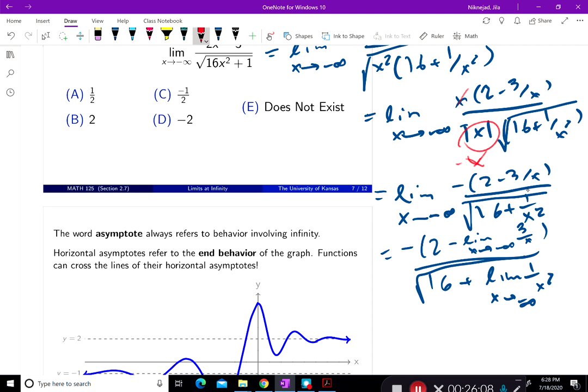These two parts are 0. So what is remaining is negative 2 over the square root of 16, which is 4, so negative 2 over 4, which is negative 1/2. And that's the answer.